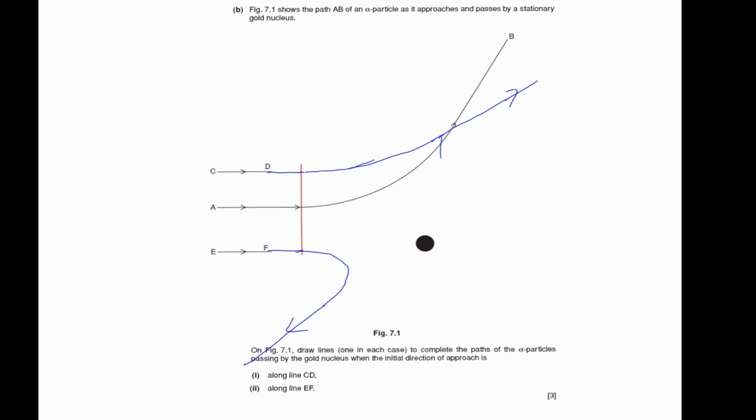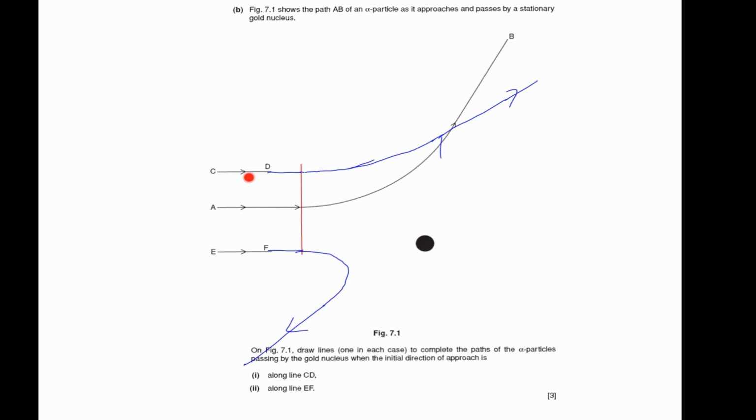Remember, for the path that they drew for you, the alpha particle starts to deviate somewhere along this point here. So what I did was I drew a vertical line so that I would know that CD would also start to deflect at about the same position, as well as EF, which will start to deflect somewhere along this position as well.